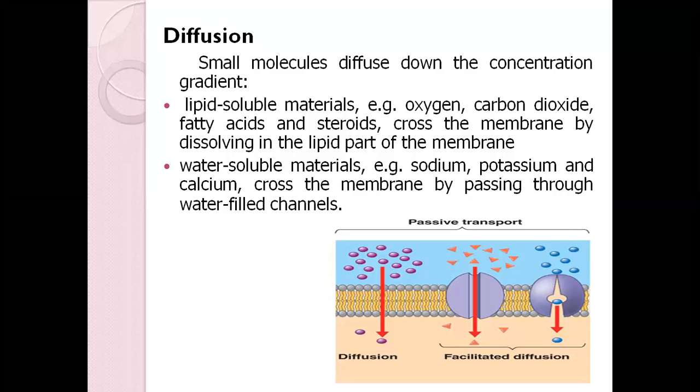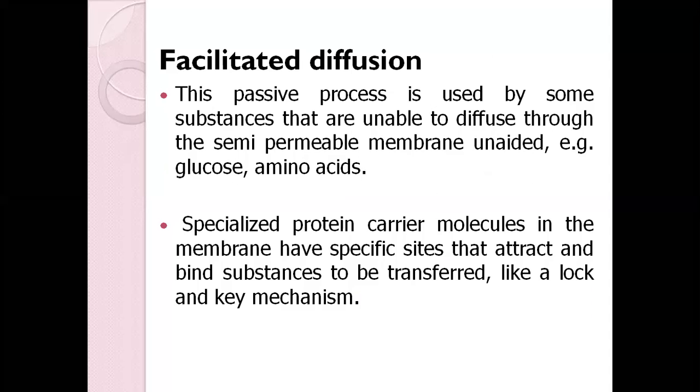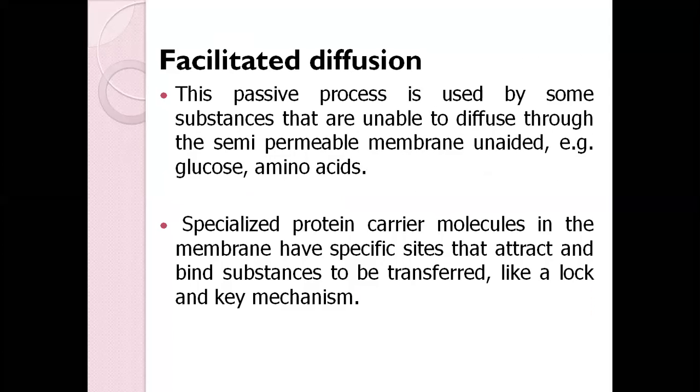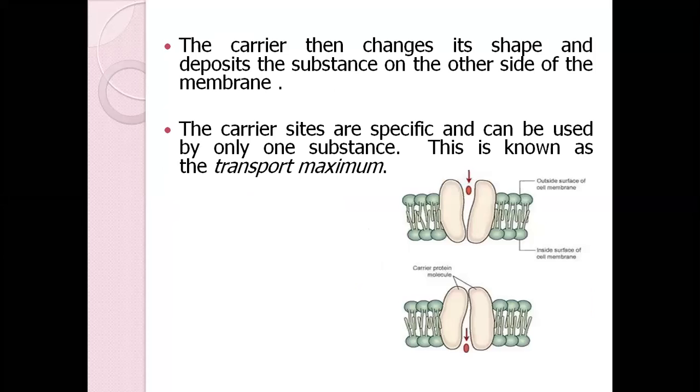So this is how it is done in facilitated diffusion. In normal diffusion, substances usually pass through the plasma membrane, but in facilitated diffusion, it occurs with the help of these protein molecules. The carrier then changes its shape and deposits the substance on the other side of the membrane.